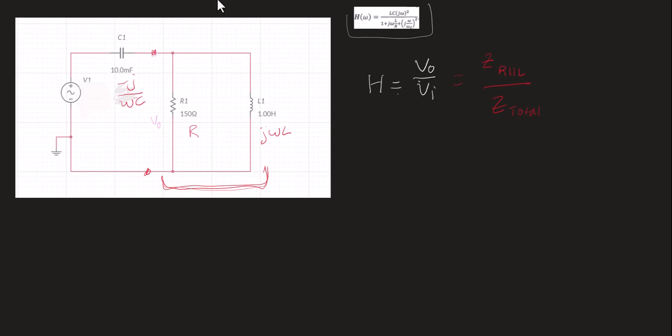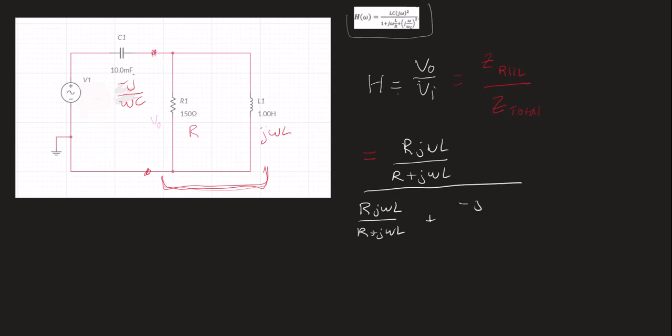To get R in parallel with L, that's product over sum, so it'll be R times j omega L over R plus j omega L, over our total impedance, which will be R j omega L over R plus j omega L plus the impedance of our capacitor, so plus negative j over omega C.